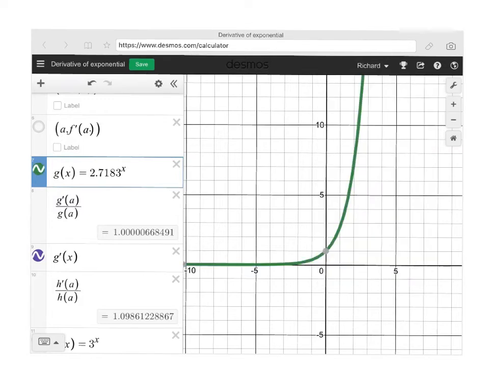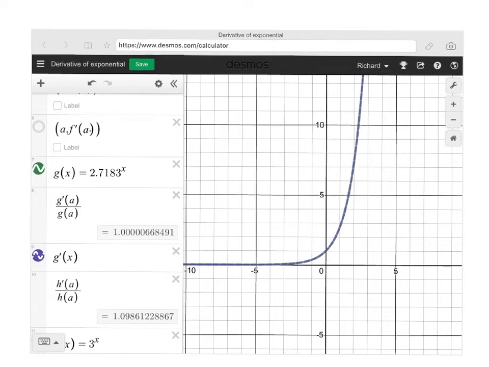So that's the function right there, and now I plot the derivative, g prime of x. Isn't that interesting? I'll maybe make that dotted. So there's the derivative, there's the original function. You can actually see the dots now overlapping g of x.